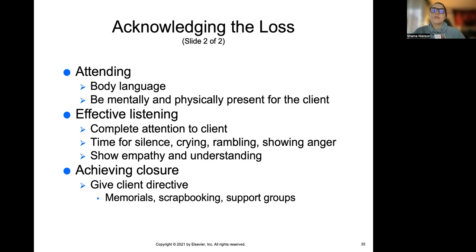It is important, of course, to have effective listening, giving that client your complete attention, and giving time for silence and crying. They may be rambling about stories or about the pet, or they might even begin to show anger. So the biggest thing is showing empathy and understanding for these clients, never retaliating. They might start to get angry and mad at us or the doctors, and that's okay.